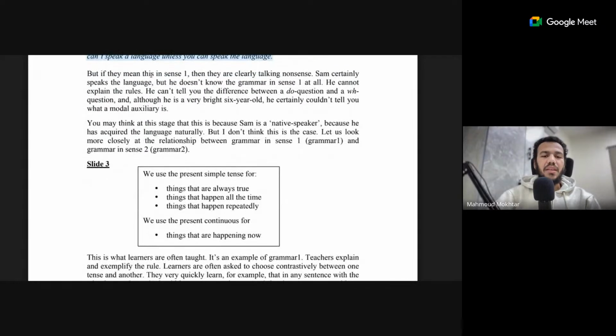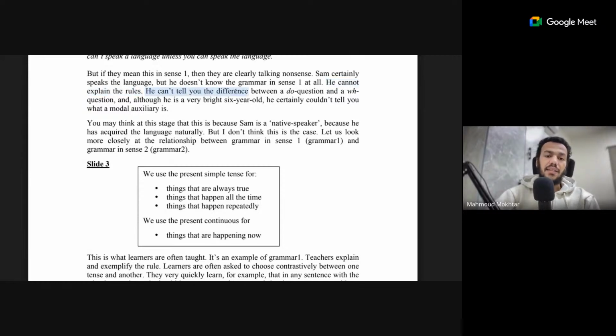But if they mean this in sense one, then they are clearly talking nonsense. Sam certainly speaks the language, but he doesn't know the grammar in sense one at all. He can't explain the rules.